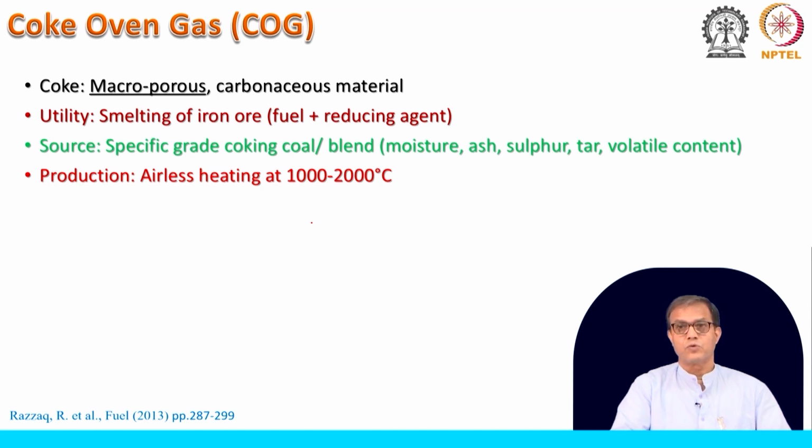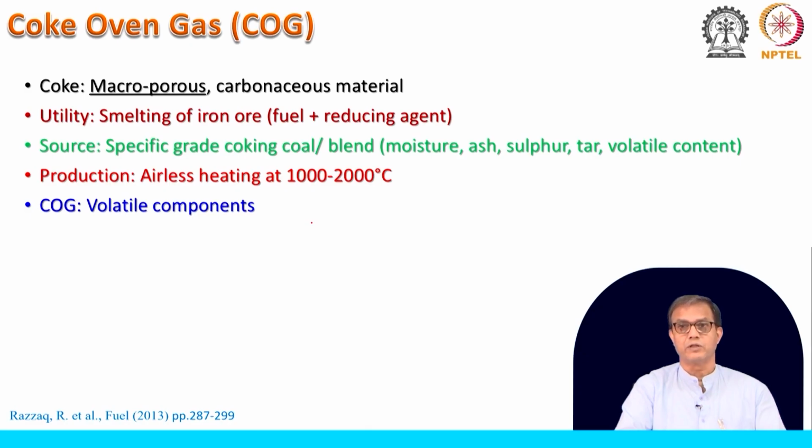So, the gas which has been collected on the top of this coke is what is called the coke oven gas. So, you can understand the source of coke oven gas. As I told you, coke oven gas is the volatile component.